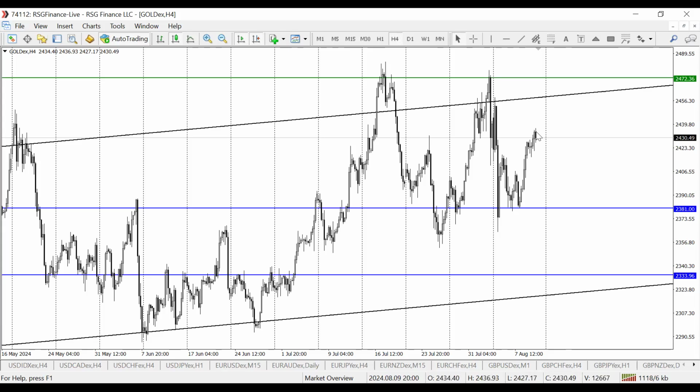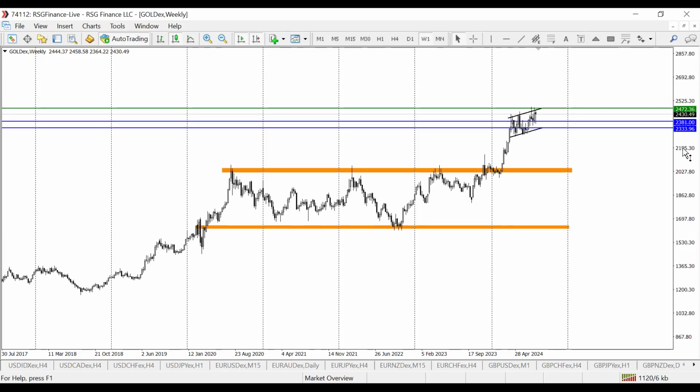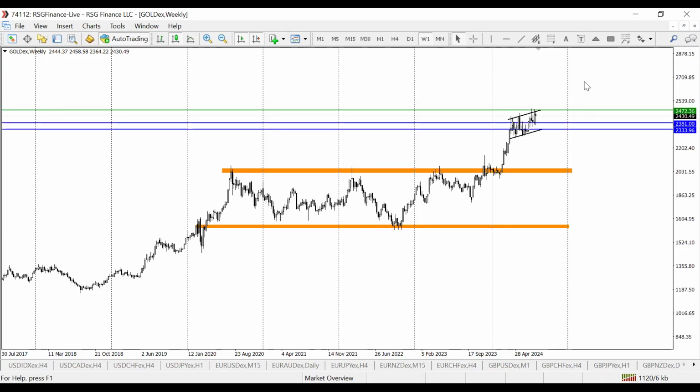That means there is huge potential to the upside. If we get any correction at the start of the week, then this presents us a good entry to go long on this trade into the 2472 level. Gold has huge potential to create new all-time highs.